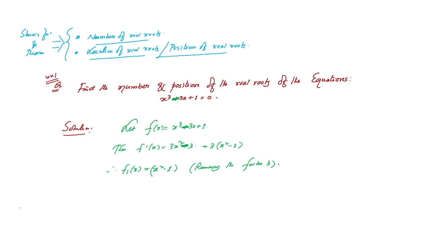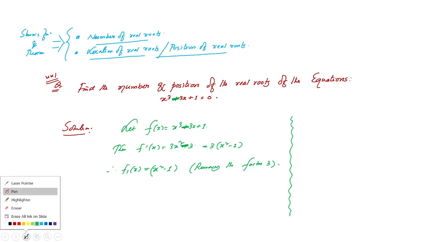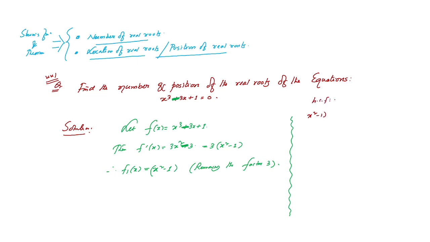First we will calculate the HCF of f(x) and f1(x), and after that we will think about f2(x), f3(x), the modified remainders. We divide x cube plus 3x plus 1 by x square plus 1.